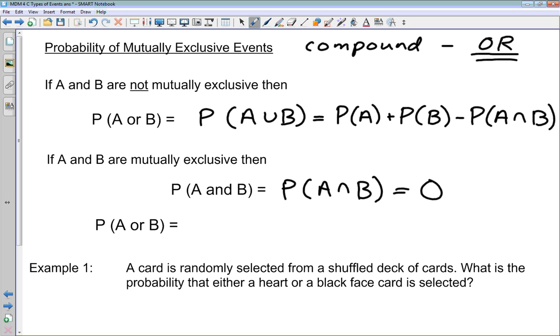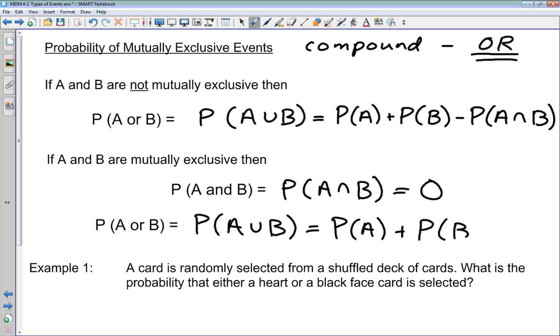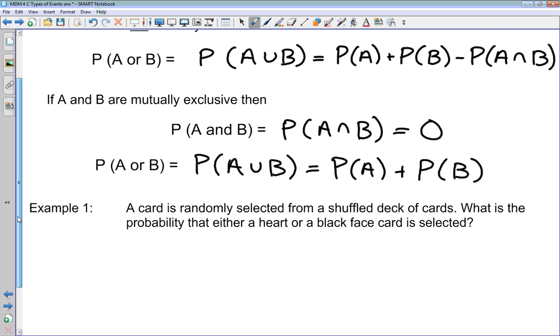So the probability of A or B, or the probability of A union B, for mutually exclusive sets is just the probability of A plus the probability of B. Okay? Somewhat simpler.